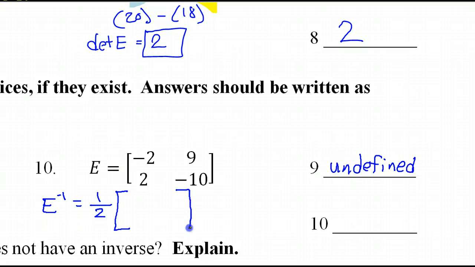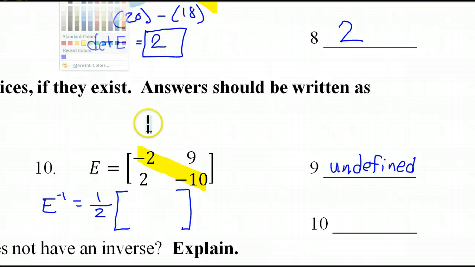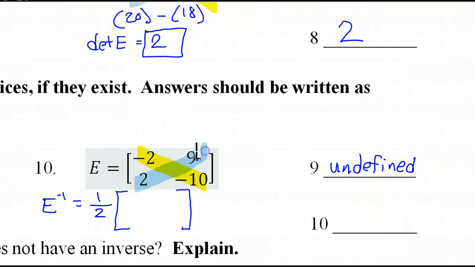Haha, I get to say it again. This is where we reverse negate. Cha-cha slide. When I say reverse negate, you reverse the down diagonal and you negate the up diagonal.